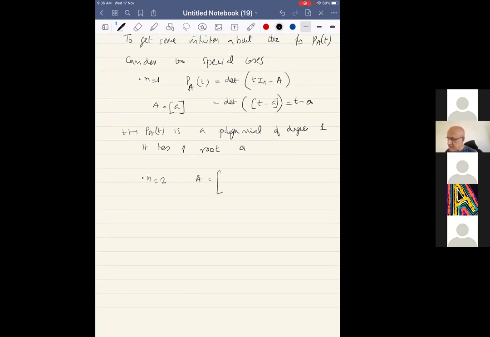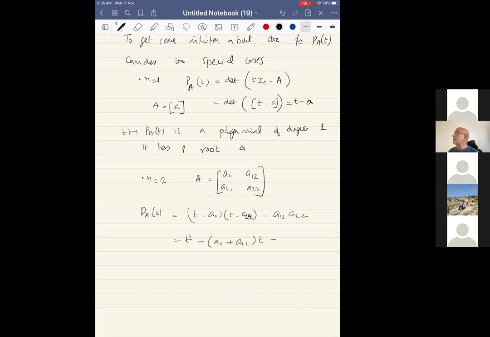Here A is of this form, a_11, a_12, a_21, a_22, and p_A(t) is (t minus a_11)(t minus a_22) minus a_12 a_21, which is t squared minus (a_11 plus a_22) times t, plus a_11 a_22 minus a_12 a_21.